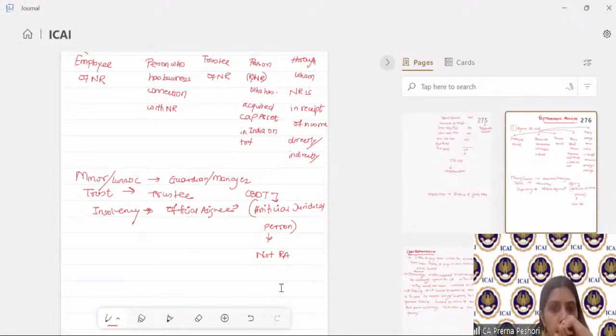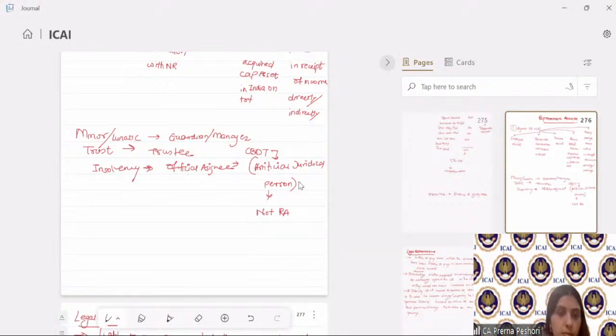Clear? Now with respect to the representative assessee, again they have the same responsibilities as if the income were received by the assessee directly, right? So the representative assessee is liable to be assessed in his own name in respect of such income, but the assessment is made in the representative capacity. The tax is levied and recovered from such assessee in the same manner and to the same extent as it would have been recovered from the assessee himself.